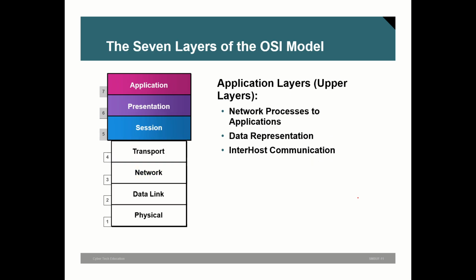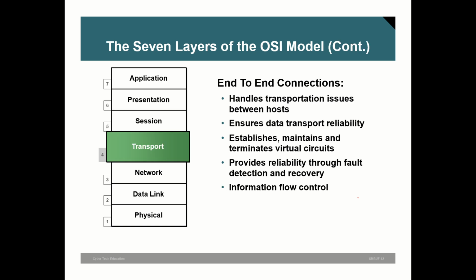The seven layers of the OSI model play a very crucial role. First is the application layer, or we can even say the upper layer. The upper layer provides network processes to applications, data representation, and inter-host communication. Then we have end-to-end connection, which comes under the transport layer. It handles transport issues between hosts and ensures data transport reliability.